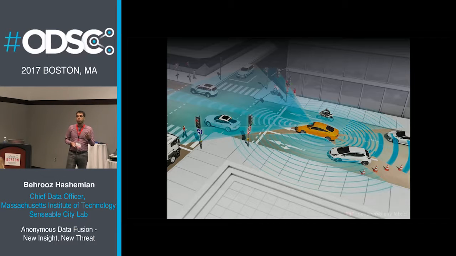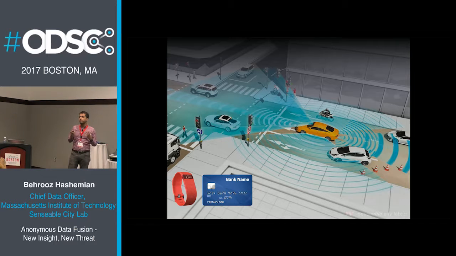But apart from this smart cities and smart cars, which is more futuristic but not for a far future, we are leaving digital traces in our everyday life through wearables. We are recording all our vital signs and all of our sport activities with smartwatches like Fitbit or Apple Watch and different wearables. When we are making a purchase, we are leaving digital traces that record where we are shopping, what we are shopping, and when we are shopping.